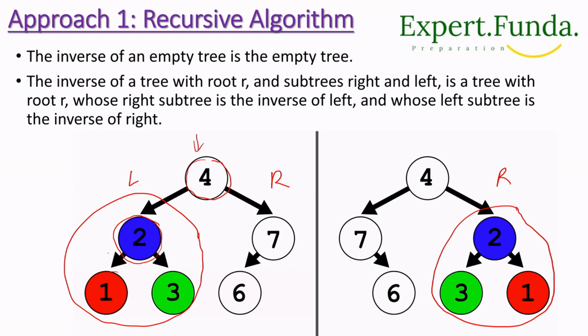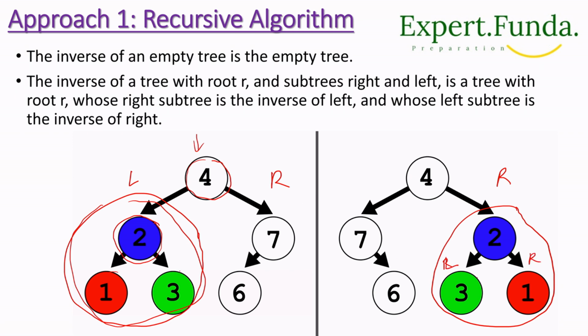We have to understand that this left subtree is a completely independent subtree. So you can see that 1 is on the left side and 3 is on the right side, so after the invert, 3 comes to the left side and 1 goes to the right side.